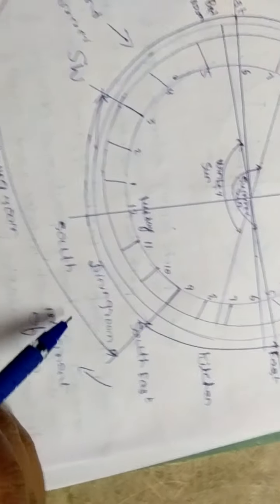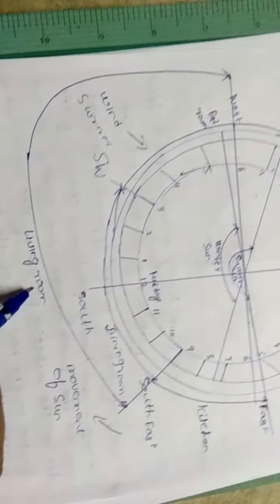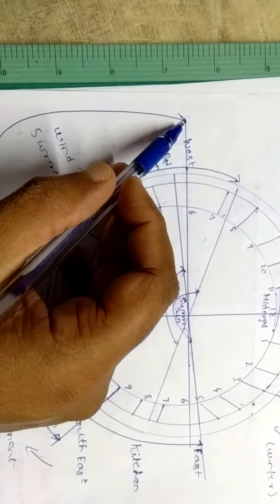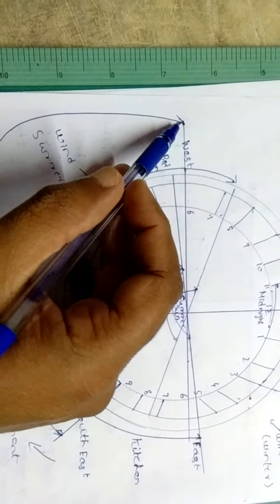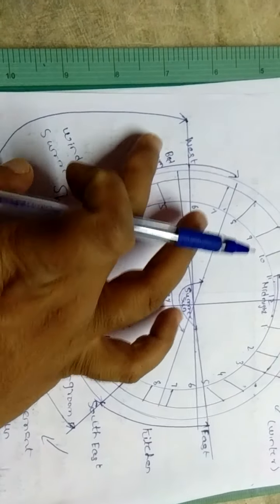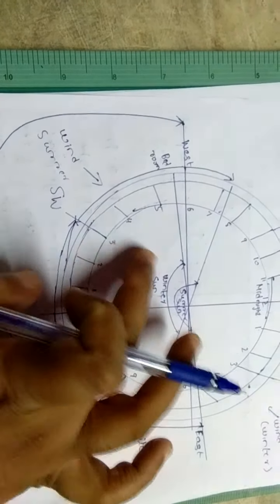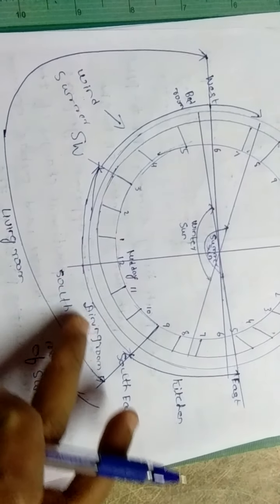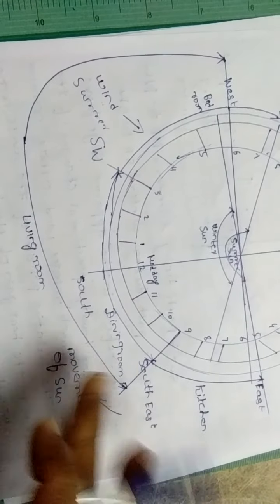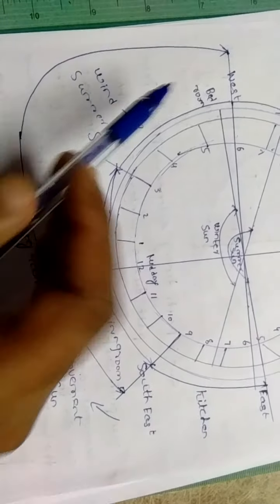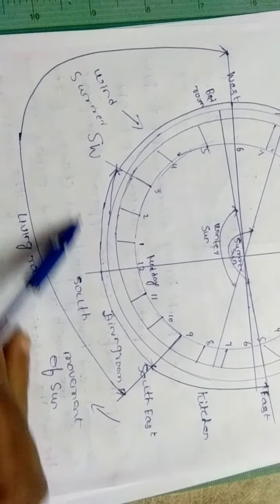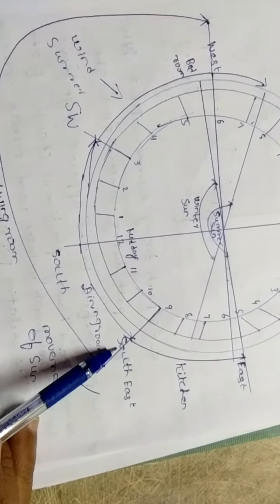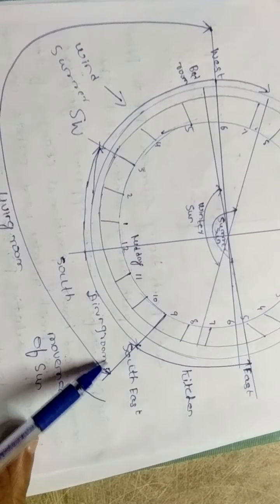Then coming to the living room, let us see the living room arrow here. From the west direction, this complete region is southwest, and this complete region is southwest up to southeast. So the living room can be given from the southwest region up to the southeast region, either southwest or southeast according to this arrow mark.